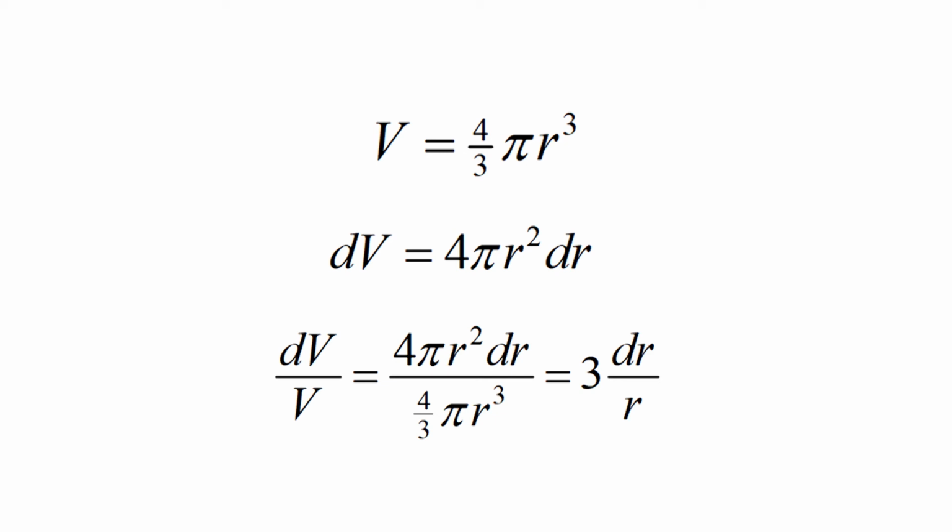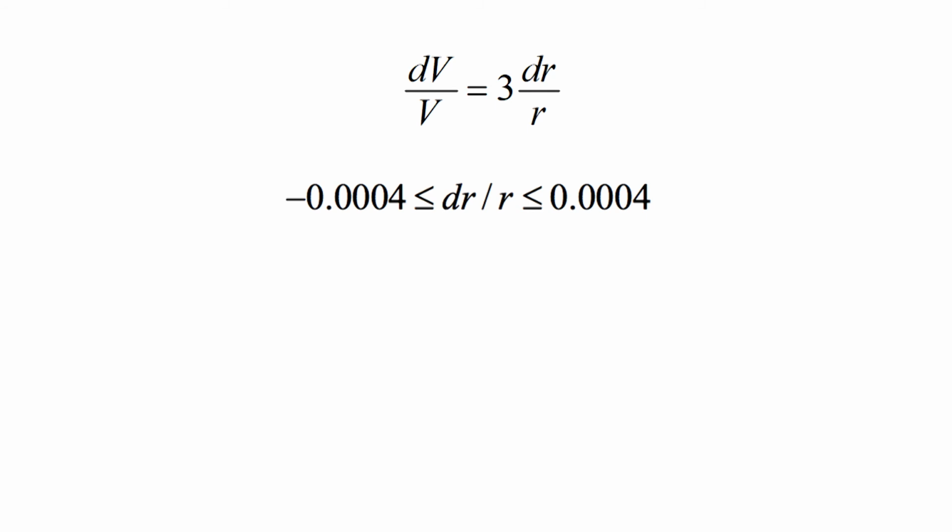If dr denotes the error in measurement of the radius of the sphere, then the relative error in this measurement is estimated by the ratio dr by r, where r is the measured value of the radius. Our assumption is that the percentage error in this measurement is within plus or minus 0.04 percentage, which becomes minus 0.0004 is less than or equal to dr by r, which is less than or equal to 0.0004.